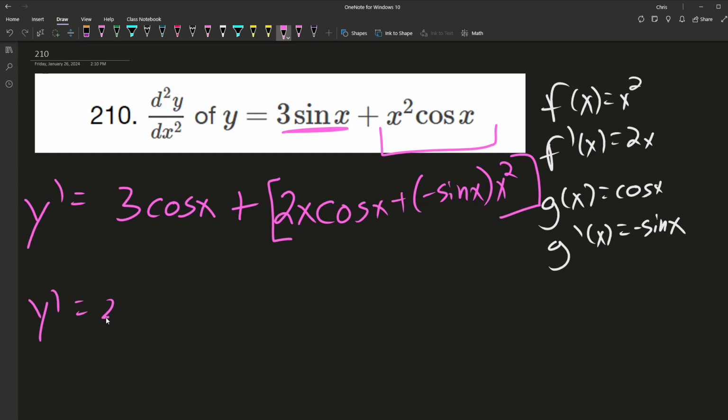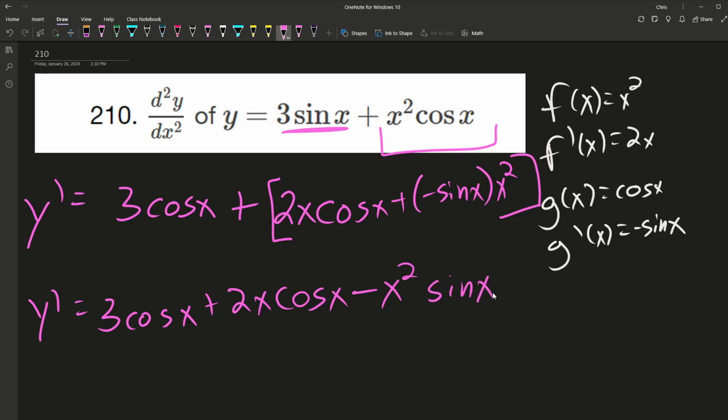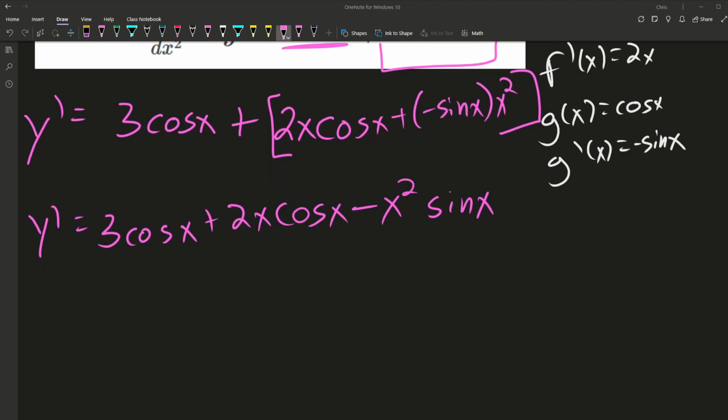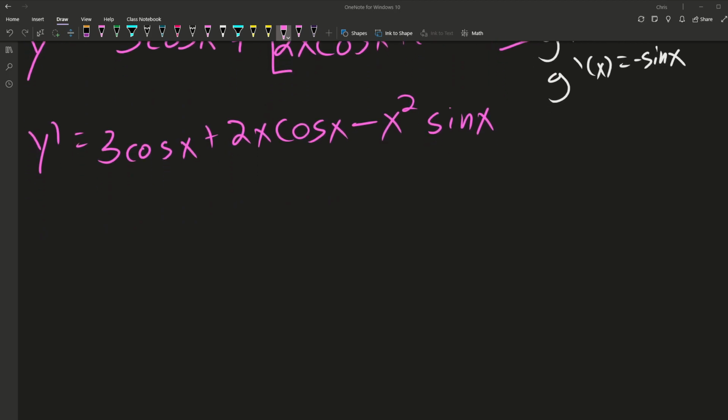So y prime is 3 cosine of x plus 2x cosine of x minus x squared sine of x. We can see here that my second derivative is going to have 2 product rules in it. I'm going to need a product rule for this part and for this part.